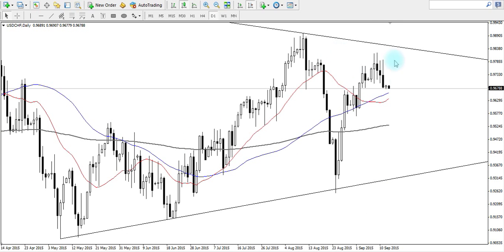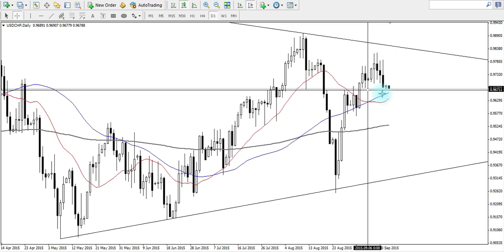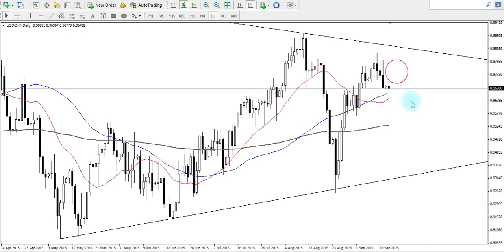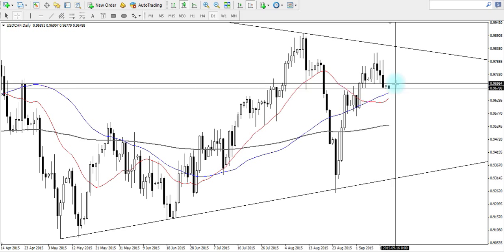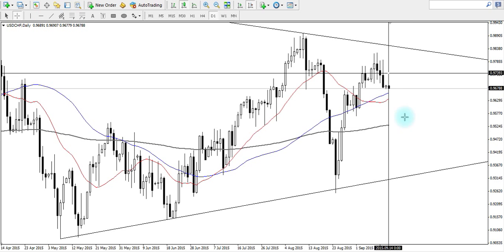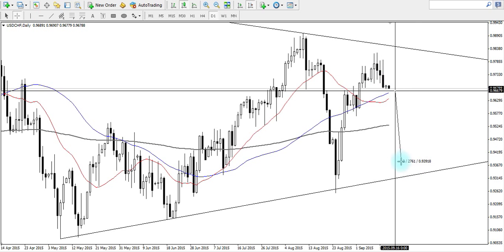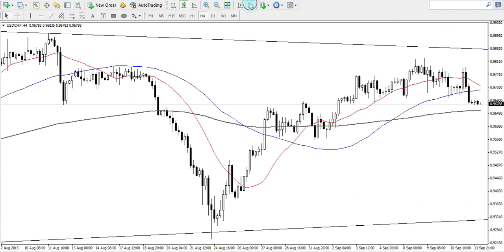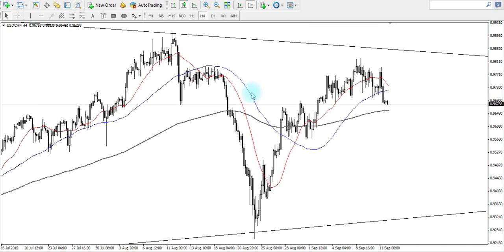The price did not manage to reach the top of the symmetrical triangle, but there is a very strong reversal signal right here, and we probably expect the price to fall further all the way towards the bottom of the symmetrical triangle. That is quite a distance away, and quite a huge profit to be made.